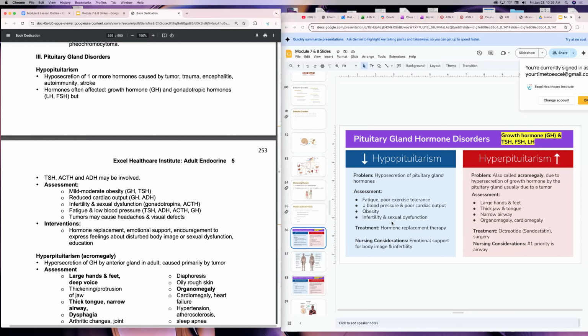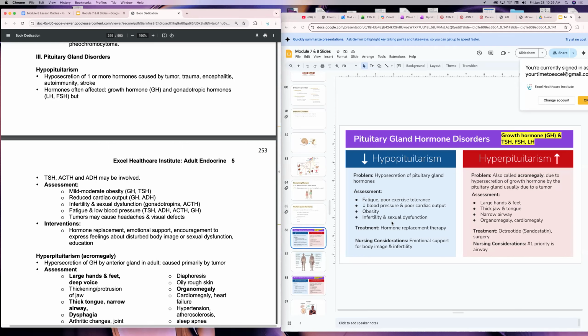The treatment is to replace the hormones that they are low in, and nursing considerations is to provide emotional support for body image and infertility. Okay, so long story short, with hypopituitarism they're going to have issues with growth and with fertility, and so the treatment is to replace the hormones that they are deficient in.